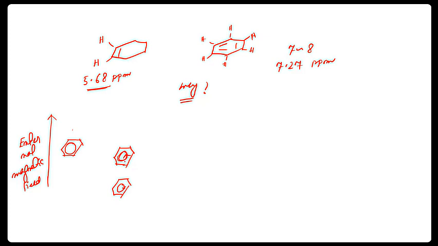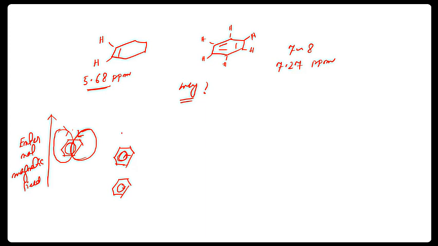If this is anti-clockwise, then what will happen? The magnetic field will be in these directions because in that case your finger is up toward these directions. So this magnetic field, sorry, not external, this magnetic field will be in these directions. So the ring current will be such that because of this ring current, a magnetic field will be produced in this way. It means it is opposing the external magnetic field. Okay.